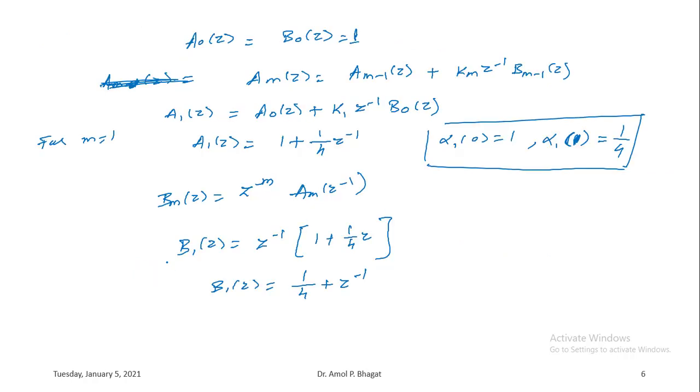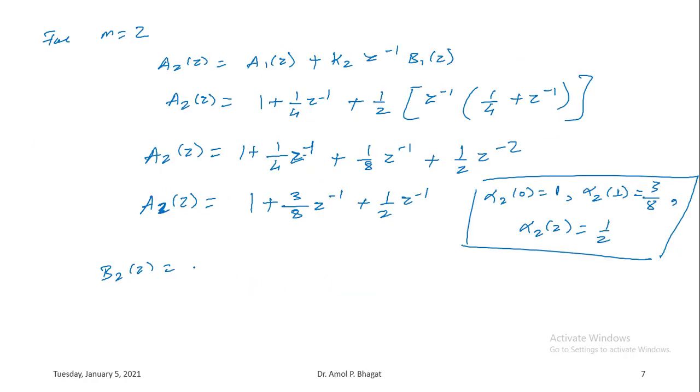So again, as per this equation, b2 of z will be z to the power minus 2 times a2 of z inverse, right. So a2 of z inverse will be 1 plus 3 by 8 z plus 1 by 2 z square, since we have taken z inverse it will be z square, right.